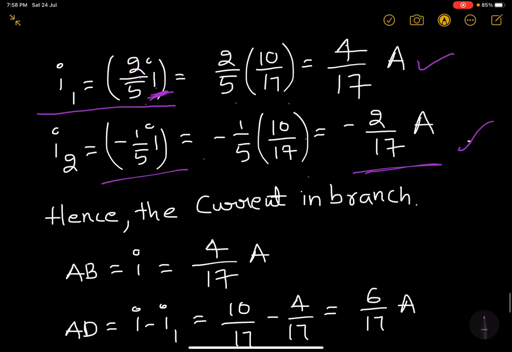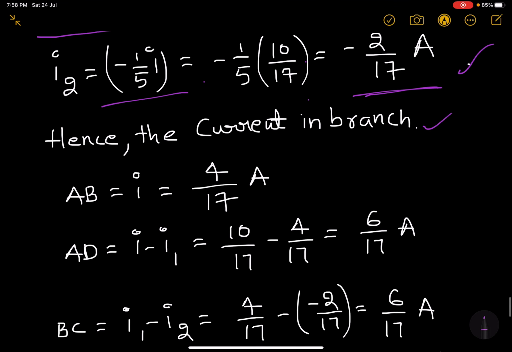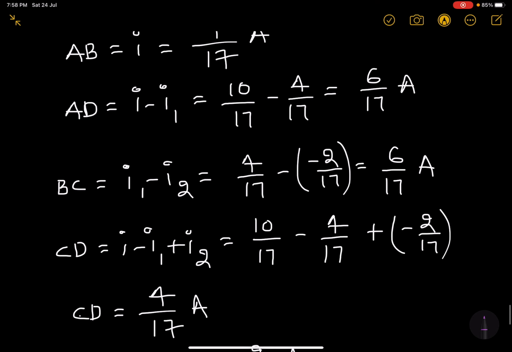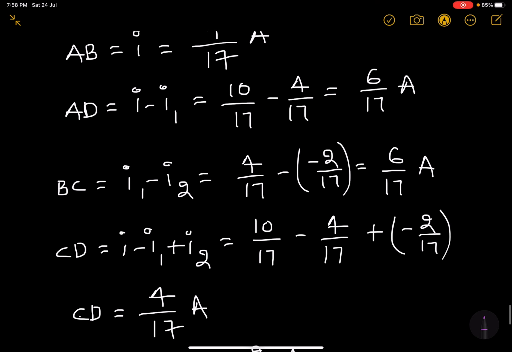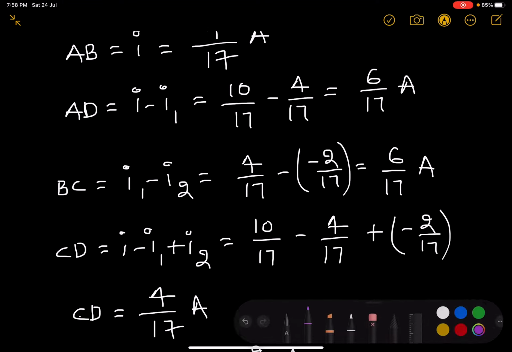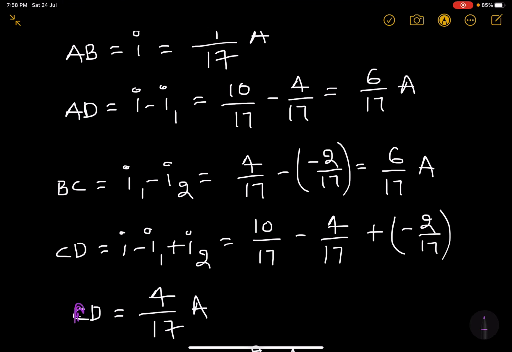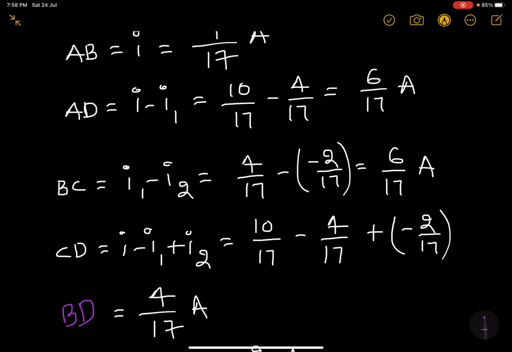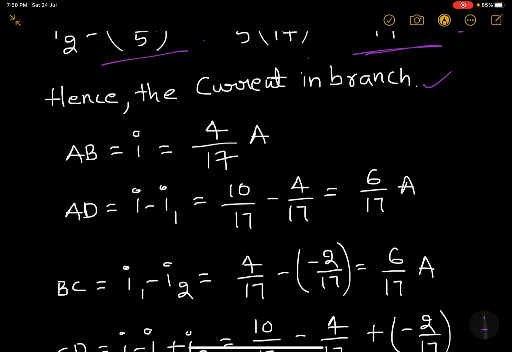Hence the current in the branches. How many branches are there? We have AB, AD, BC, CD and BD. The AB branch carries current I1, which is 4 by 17 amperes.